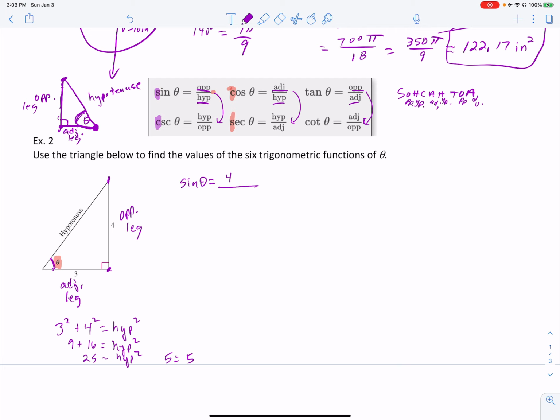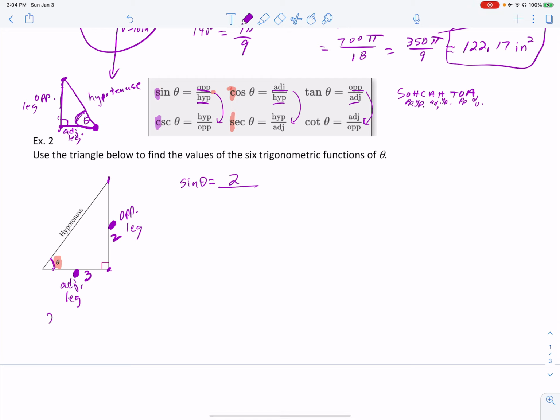I'm going to go ahead and change these values because I would like to have something that has a radical in it. So I'm going to change this leg to 3 and the opposite leg to 2. So sine of that angle is opposite over hypotenuse, and so that's going to be 2.